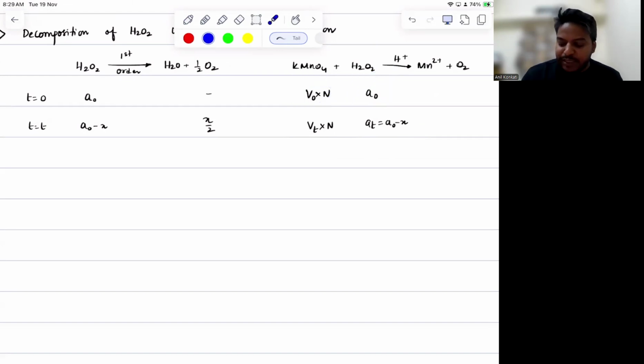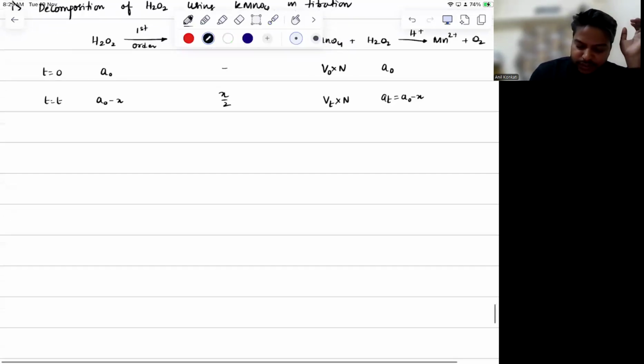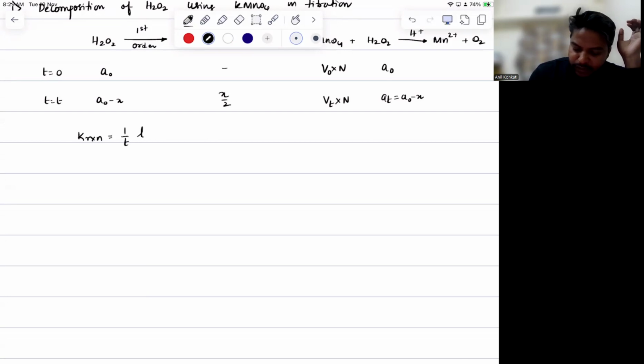And assuming that these are equivalents or moles, multiplying with the valency factor 2 will still get cancelled anyway. So if you compare the first order kinetics, you can directly write down K of the reaction is equal to 1 by T into ln, what is the concentration of H2O2 initial by H2O2 at time t.